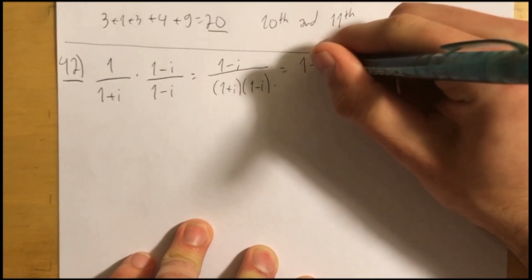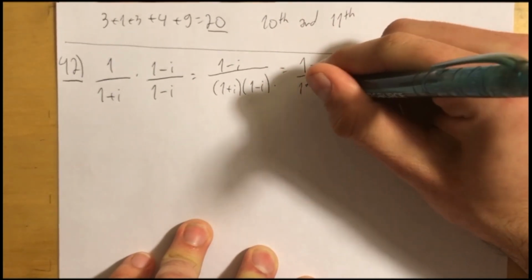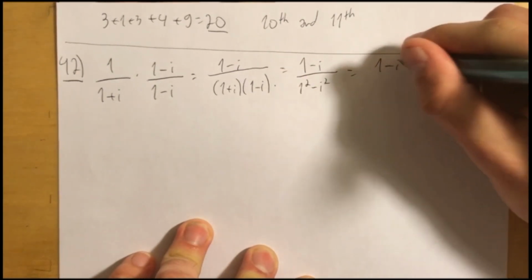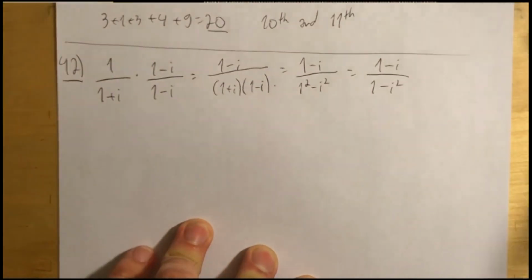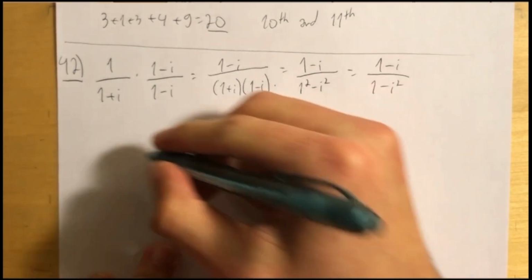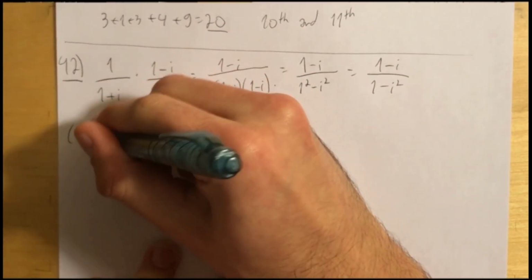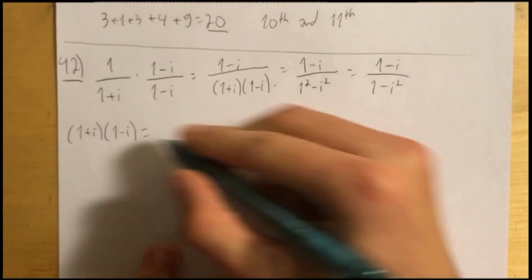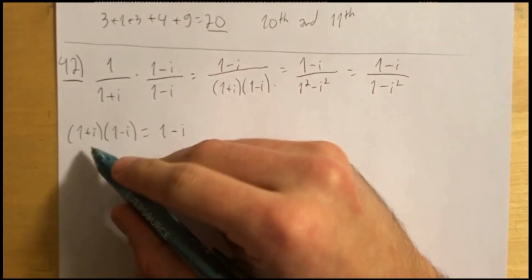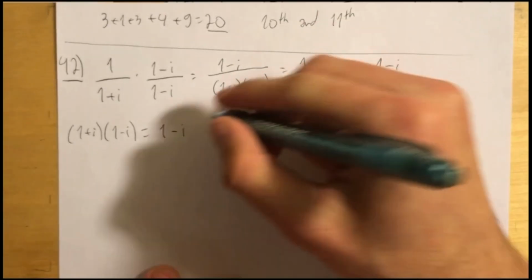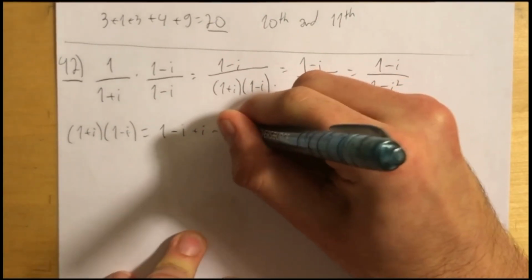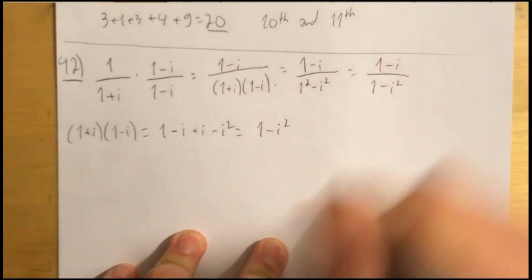is this identity right here, which is obviously just 1 minus i squared. However, if you couldn't catch that just from looking, we can also expand it. If we were to expand 1 plus i, 1 minus i, we would get 1 times 1, 1 times -i, and then i times 1, i times -i, so minus i squared, which would be 1 minus i squared.